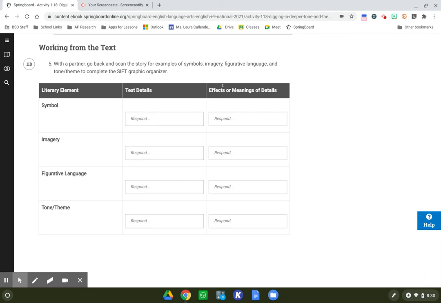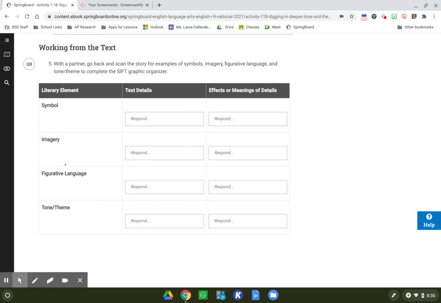Okay, so maybe that's the effect. Maybe the meaning is deeper. Maybe it's about how nature continues on, even in the absence of people. Maybe. Okay, so that's an example of what you'll do for symbol.